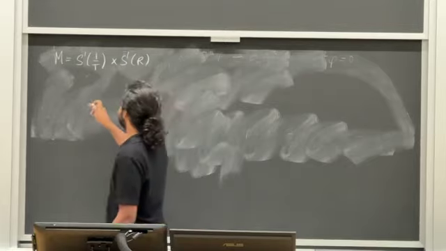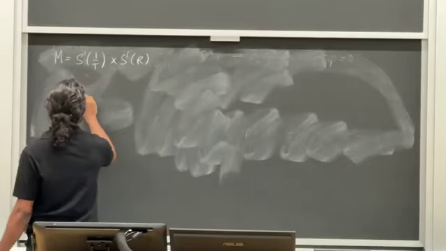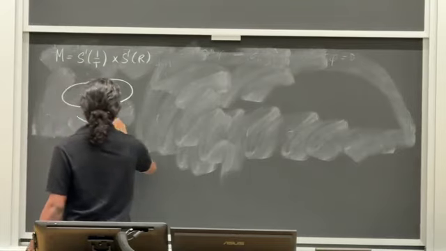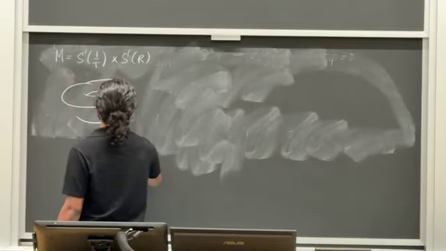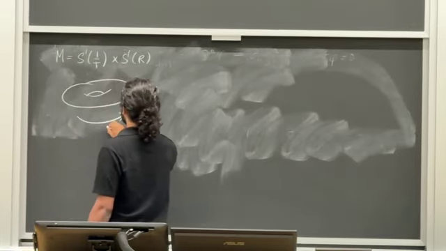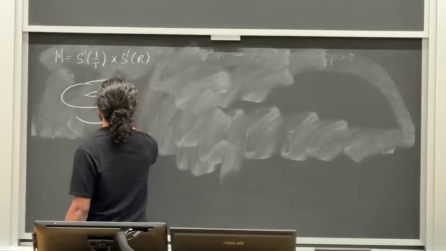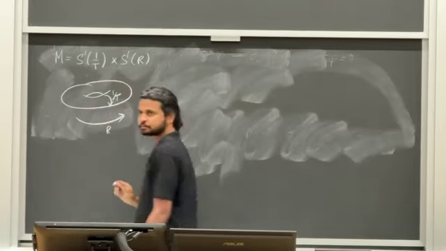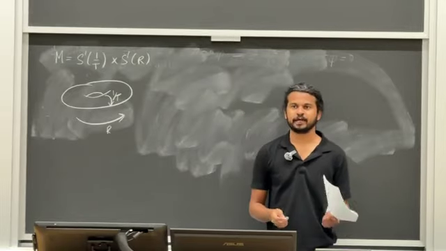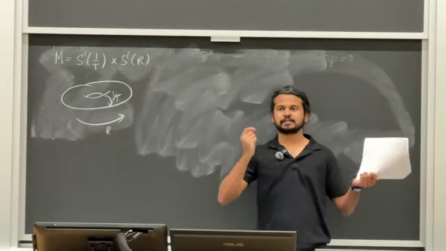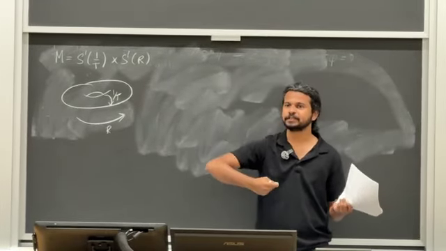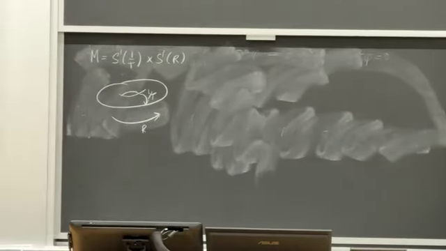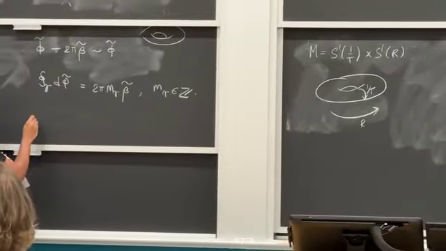So what that means is that the world sheet now is a torus with one radius. Radius along this way is, let's say, R, and the radius along this way is 1 by T. So I have 2 cycles around my world sheet. That means that I have two types of windings.